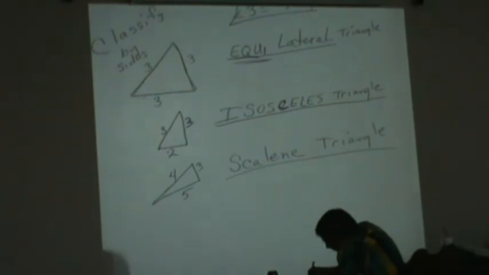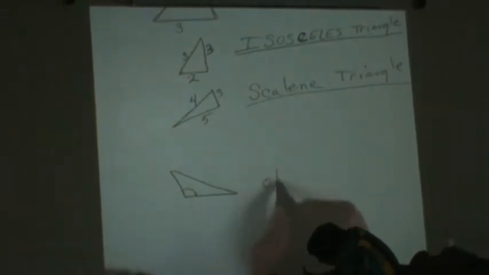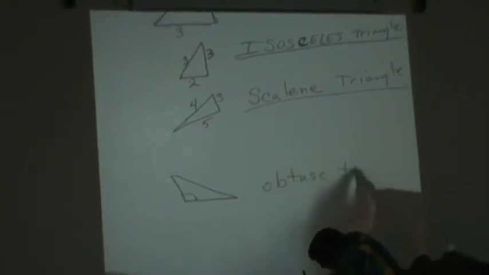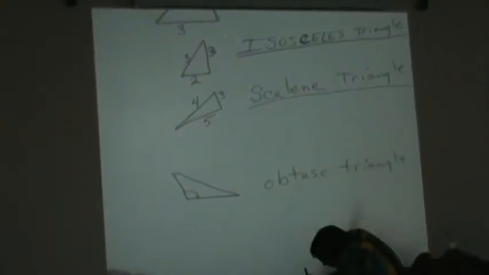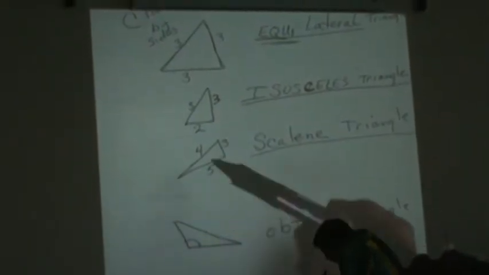Okay? There's another way to classify triangles by the angles. Remember the cube, obtuse, like I said a minute ago? Okay, if a triangle has an obtuse angle in it, this obtuse angle, that would make this an obtuse triangle. These triangles that I already drew, all three of these have all acute angles. None of them, well, this one might have a 90, I'm not positive.